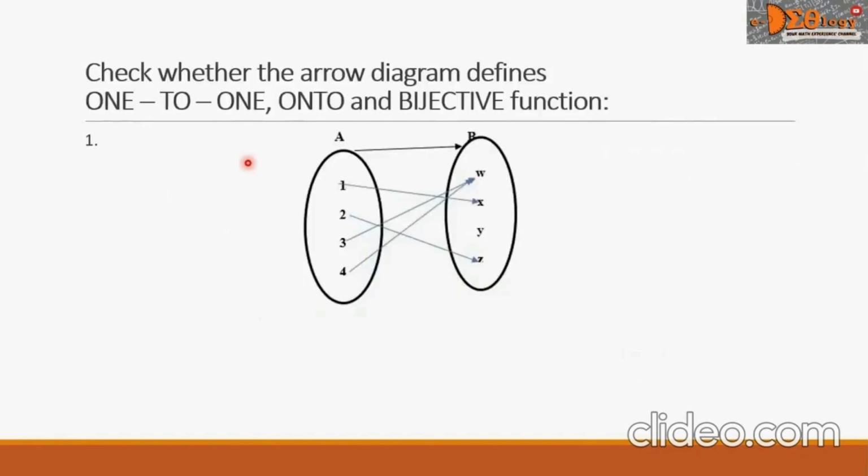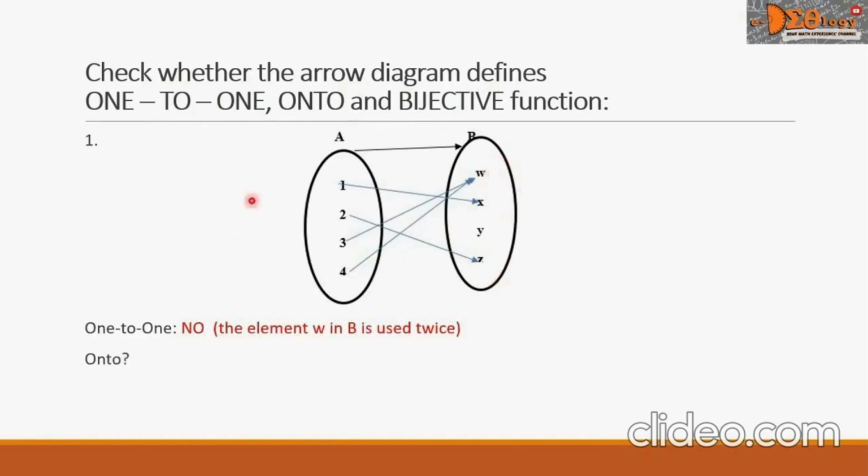Let us see more examples. Check whether the arrow diagram defines a one-to-one, onto, and bijective function. Look at the figure here. First, let us check if this is one-to-one. We say no, because the element W in group B is used twice.